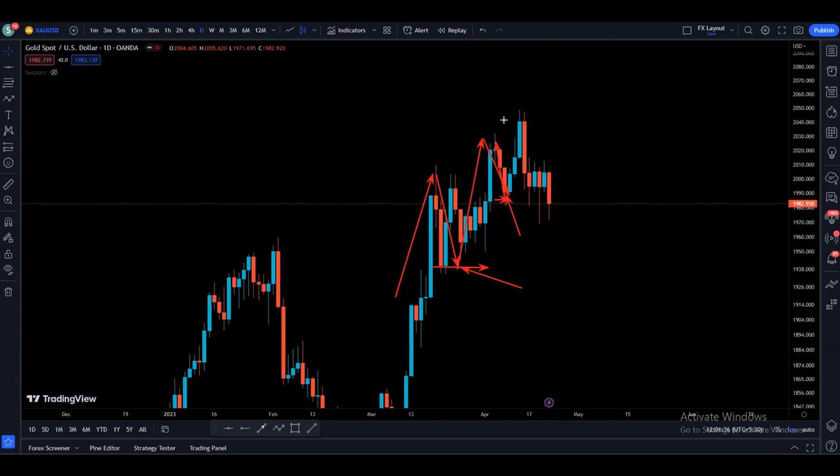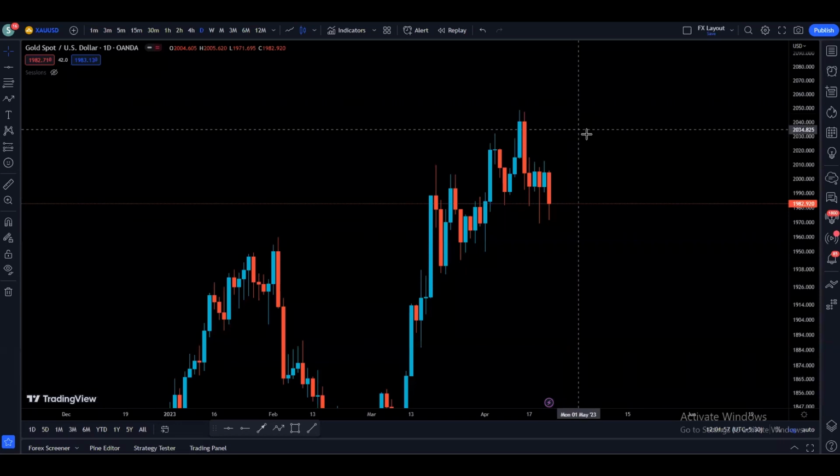So after that, we broke the previous high, created a new high. We were making higher highs and higher lows. The market was bullish, but we can see that we had this last daily candle close below the support, or you can say close below the previous higher low of this uptrend. So basically we broke a market structure on the daily time frame. So we are kind of bearish on the daily time frame, right?